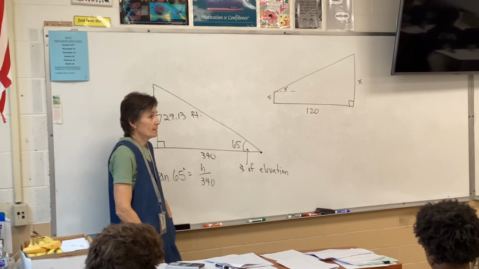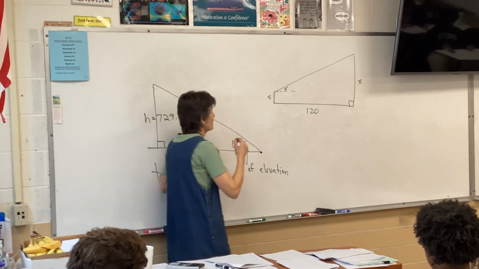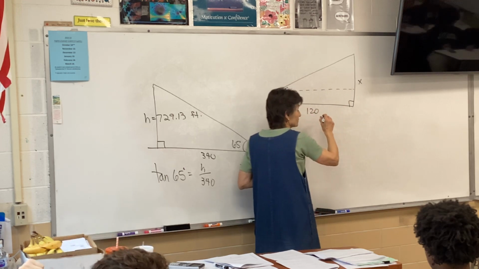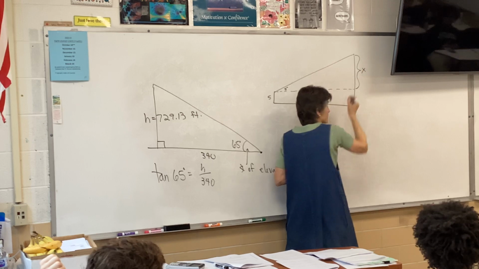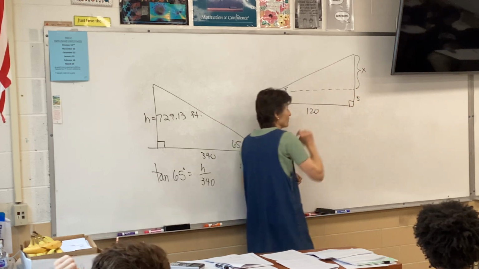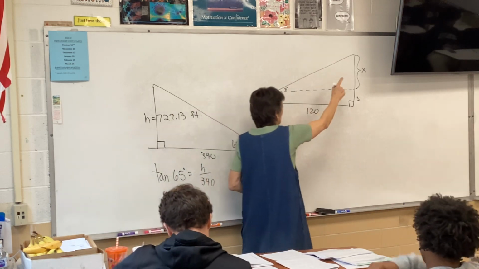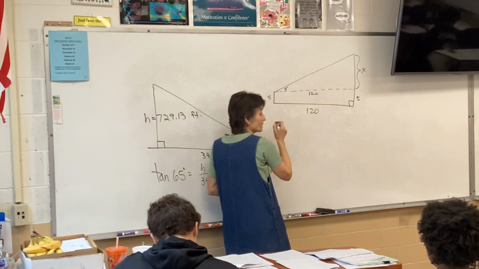Okay, what's your thought here? Can we just add 5 to the final answer when we're done? So we can extend this all the way across and call this right here X. Plus 5. And then, once I figure out what X is, I'll add 5 to it. Now keep in mind that dashed line is also 120, isn't it?